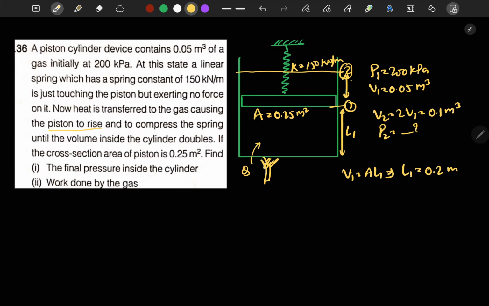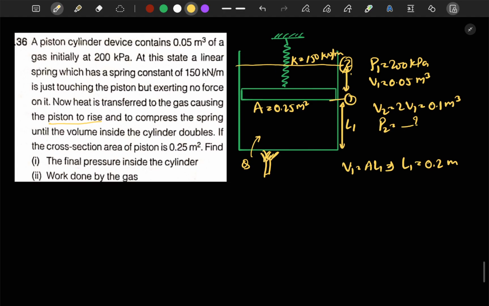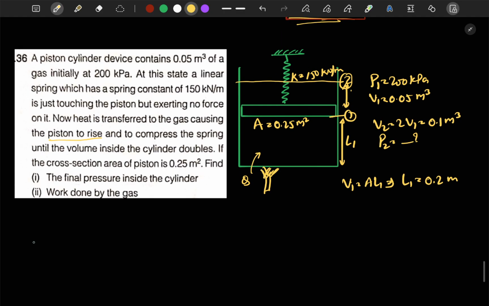Next, to obtain the pressure P2, we have to first balance the forces on the piston. So at condition 1, the upward force is P1 into A, and the downward force is the weight of the piston.